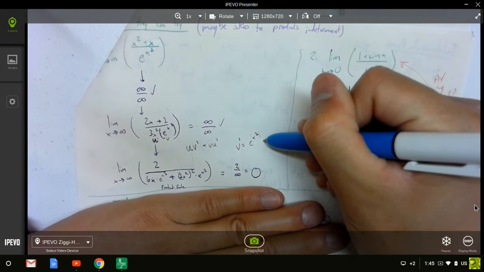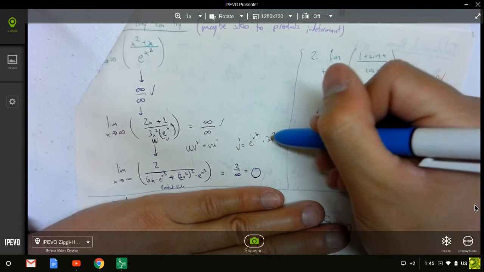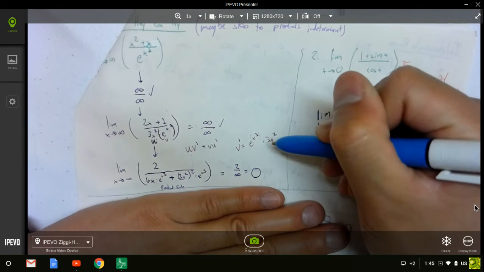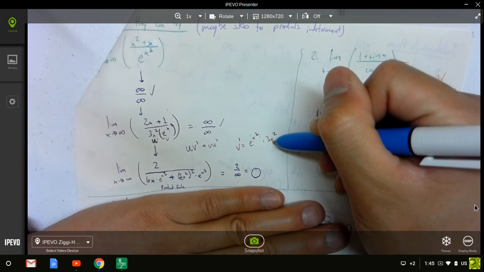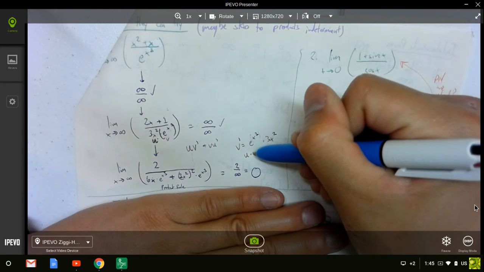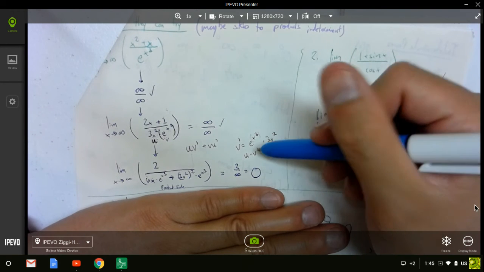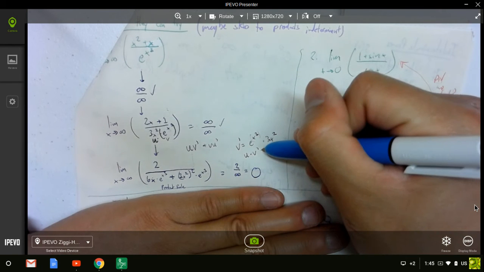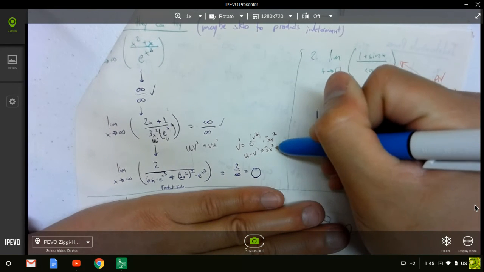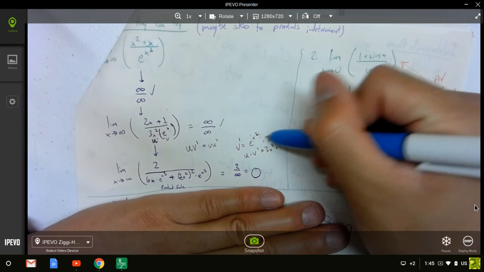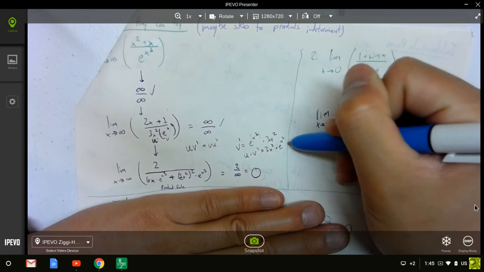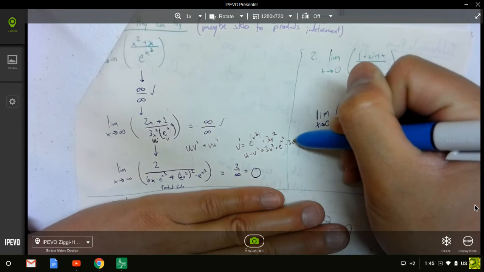I bring this down, it's going to be 3x squared, right? But keep in mind that when you're doing u times v prime, u is actually 3x squared. So it's 3x squared times v prime, which is this whole thing, e to the x cubed times 3x squared.